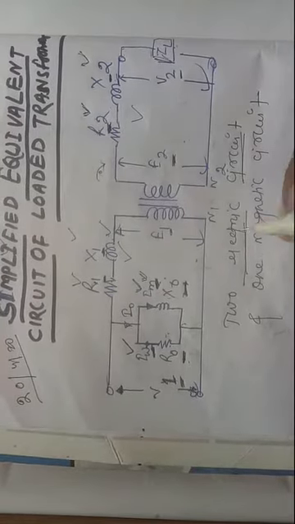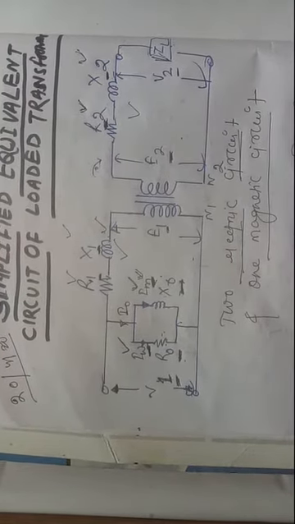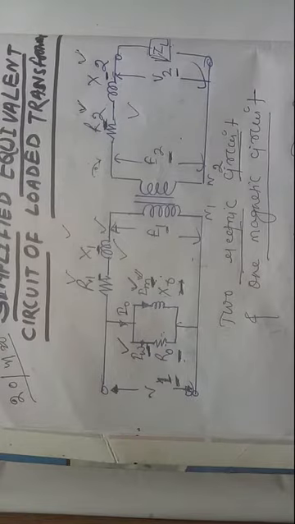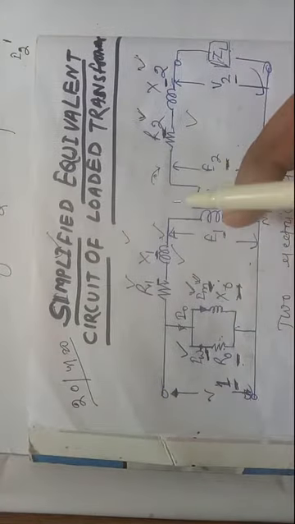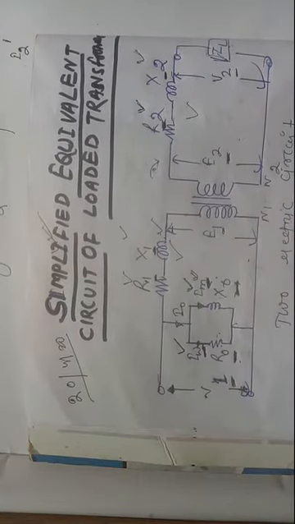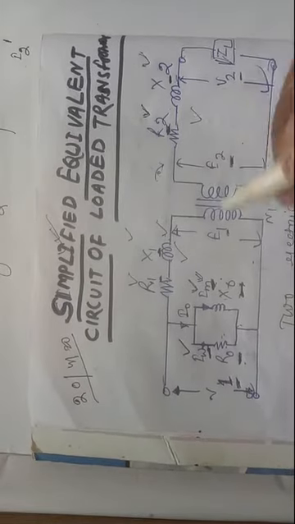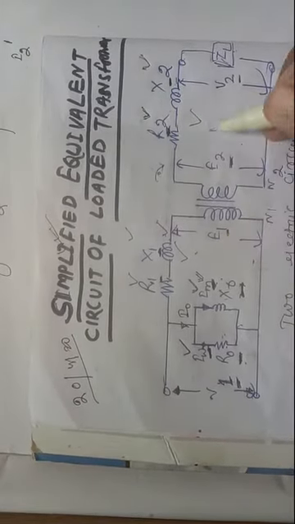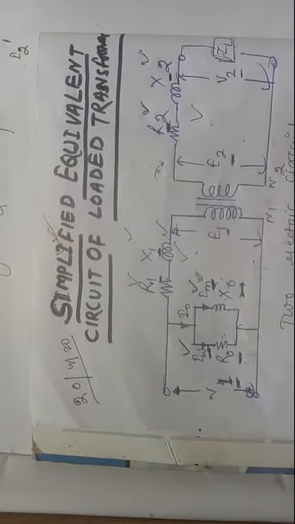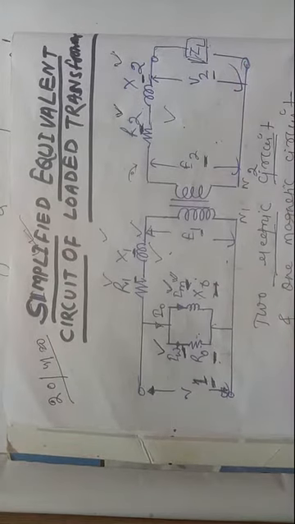Now this transformer is actually composed of two electric circuits and one magnetic circuit. So why is this called the simplified equivalent circuit? For smooth and easy analysis, the secondary parameters are either shifted to the primary or the primary parameters are shifted to the secondary, so that there will be one electric circuit and the analysis will be easier.